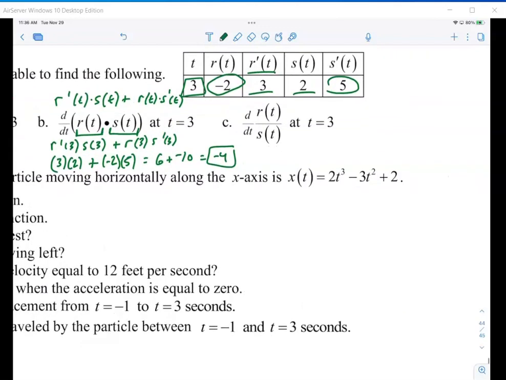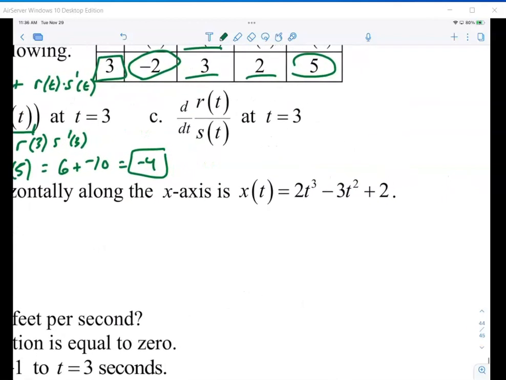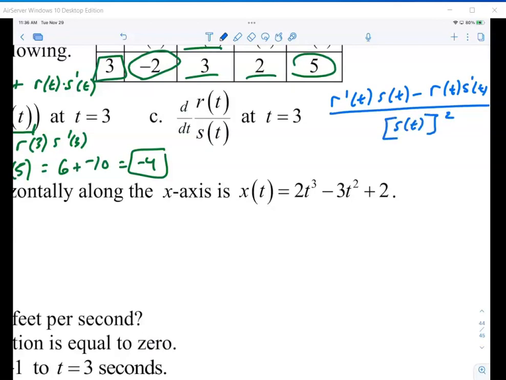All right. And then for part C, I'm going to do a quotient rule. Now, the quotient rule goes like this. Derivative of the top times the bottom minus the top times derivative of the bottom, over the bottom squared. Okay?